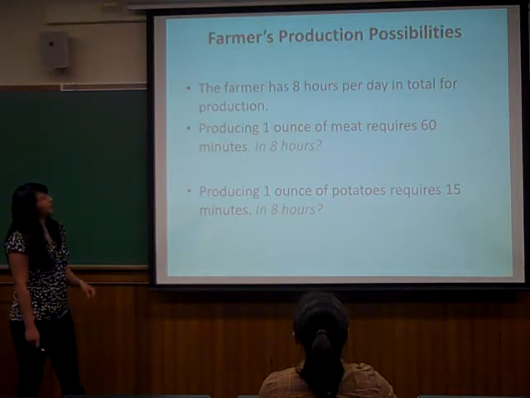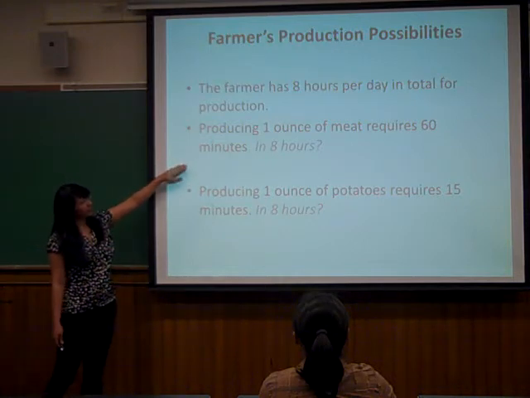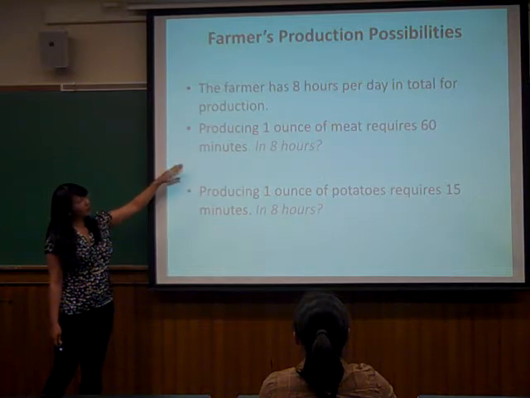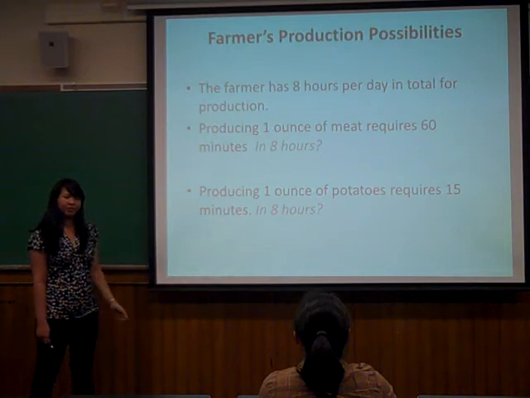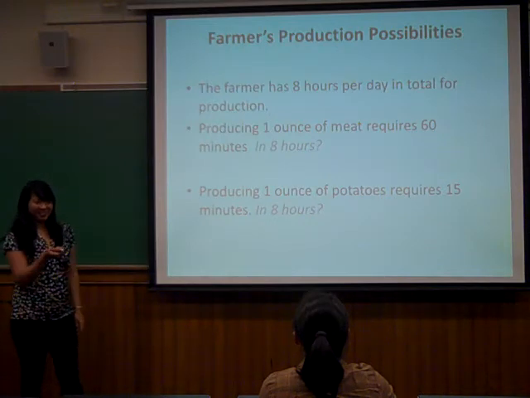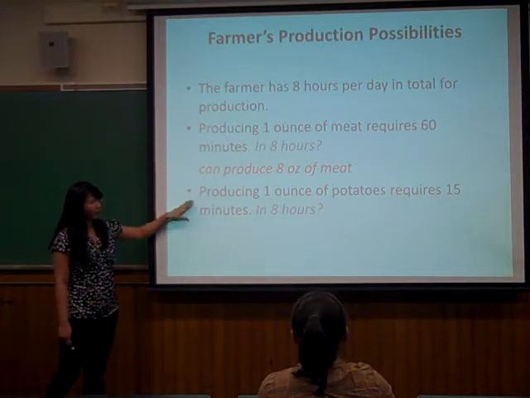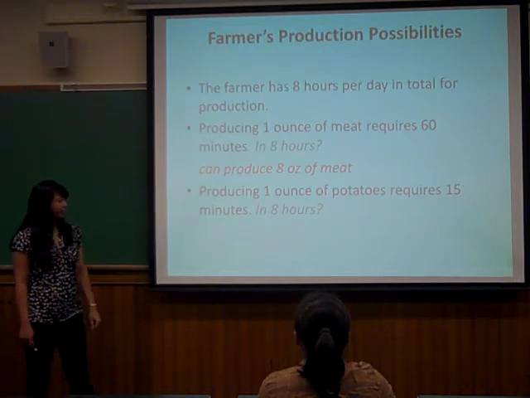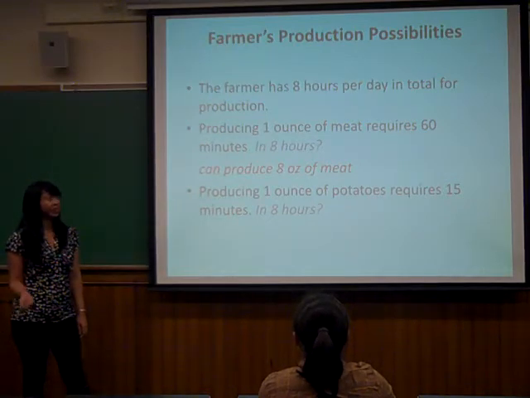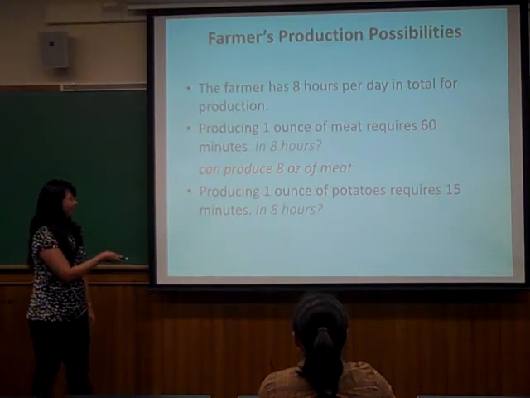So, if the farmer has 8 hours per day in total, how many ounces of meat can the farmer produce if he uses all 8 hours for the production of meat? 8 ounces, correct. How about for potatoes? If 1 ounce requires 15 minutes, in 8 hours, how many ounces of potato can the farmer produce? 32, right? Good.